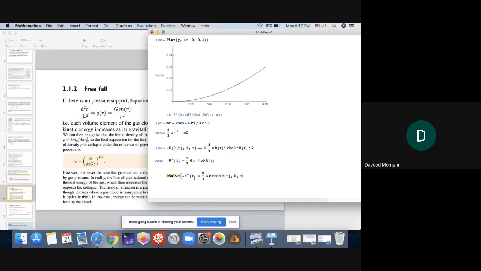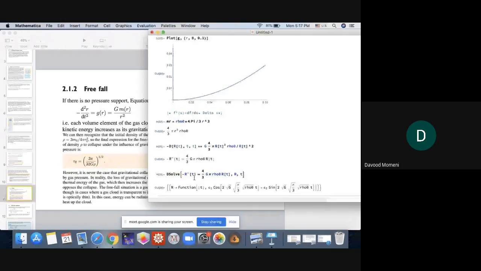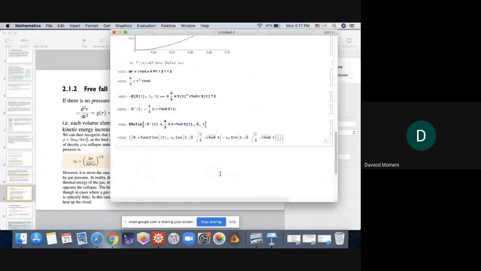You see that the solution comes out like a periodic solution, and you can also fix the parameters and make a plot for that. So this looks like a periodic equation. I want to give you the idea that if you enter a planet, it looks like you are attached to a spring and you go back and forth around a fixed point.